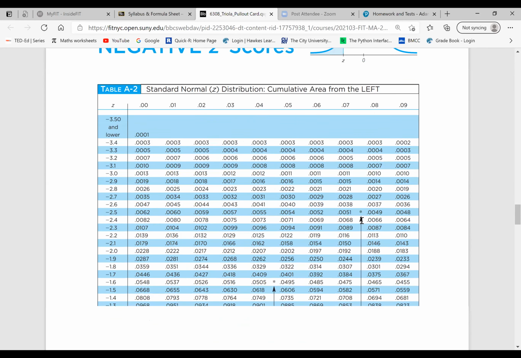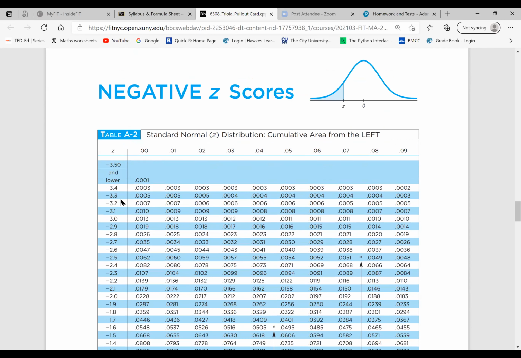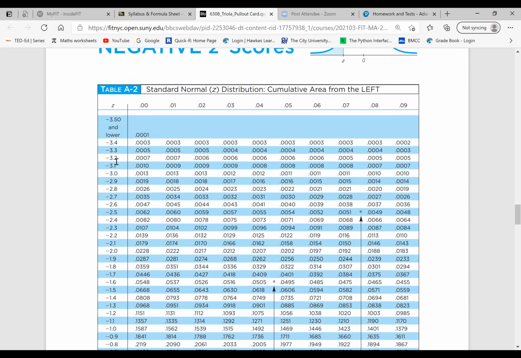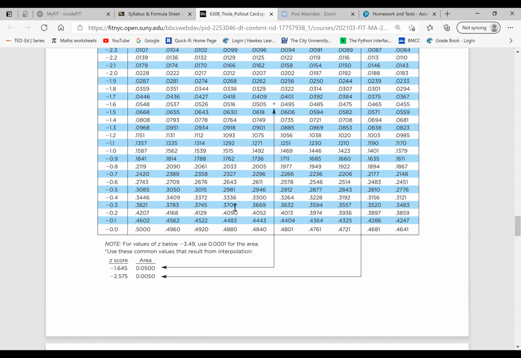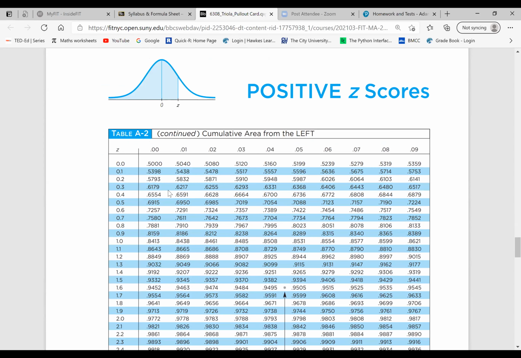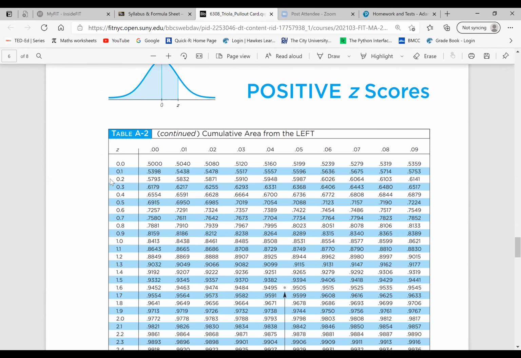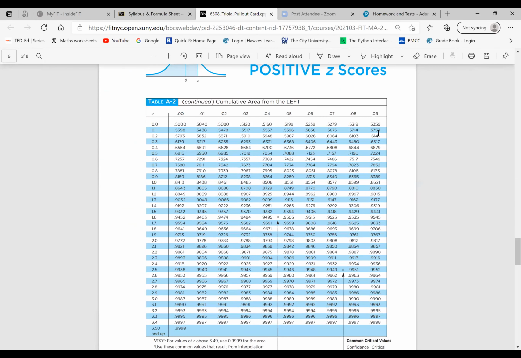The first page is all the negative z-scores and the second page is all the positive z-scores. The z-score we have is 1.58, which is positive, so go to the second page of table A2 and look for 1.58.